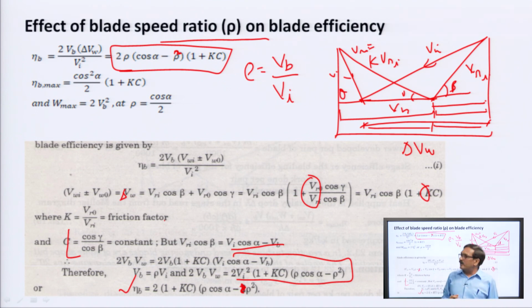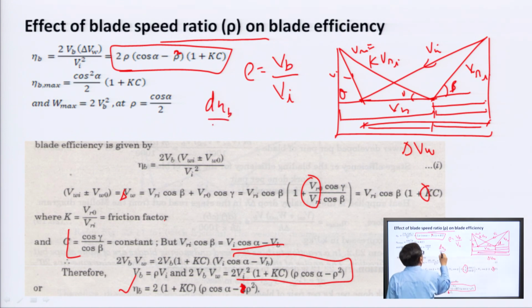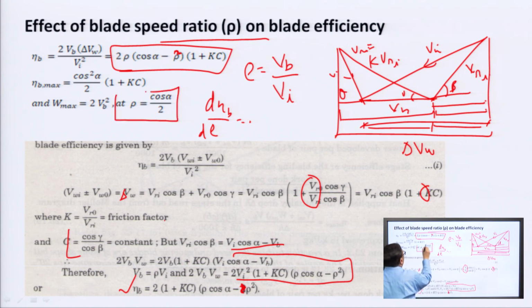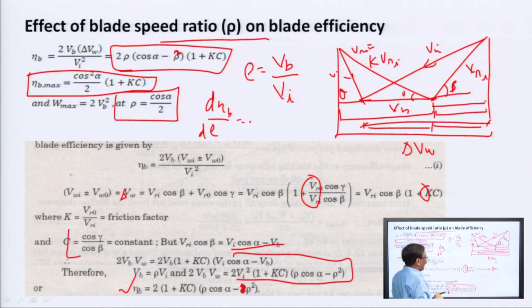At what value of rho will the maximum efficiency occur? Differentiate it with respect to rho and put it equal to 0. Then we will find that maximum efficiency occurs at rho equal to cos alpha by 2, and when we put rho equal to cos alpha by 2, the value of maximum efficiency is cos square alpha by 2 times (1 plus k c).